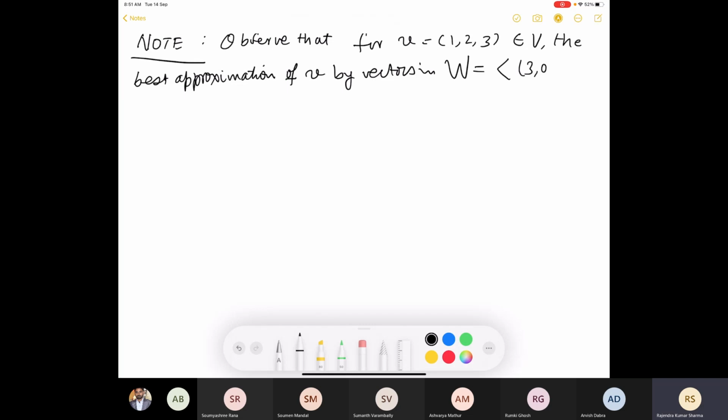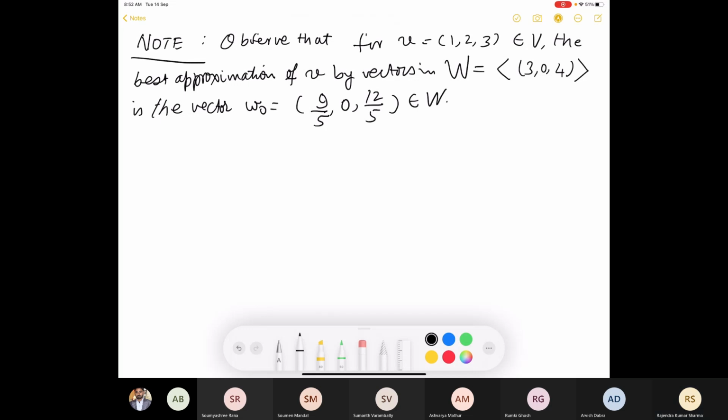Spanned by (3, 0, 4). It is the vector W naught, which is what we have obtained, (9 by 5, 0, 12 by 5) in W. Good. Now this has the following geometric properties. You can see what the properties are.